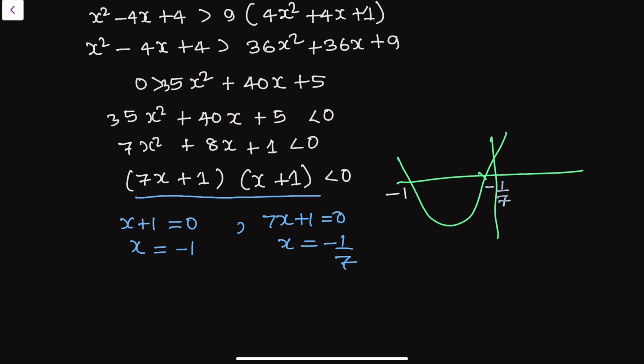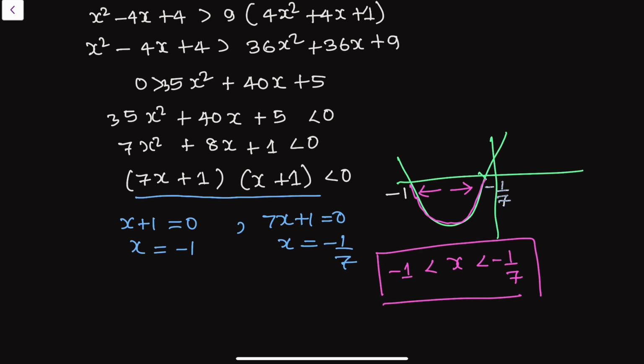So this product is less than 0 implies that we'll consider only this portion of the graph. So what is x in this portion of the graph? We can see x is less than -1 over 7, but it is larger than -1. Okay, so that's the solution of this modulus linear inequation.